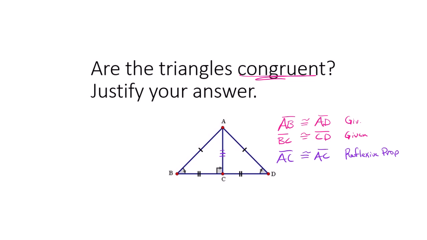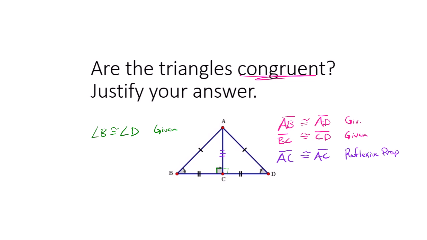So now let's look at the angles. So we know that angle B and angle D are congruent, right? That's given. They have the same number of tick marks. So angle B is congruent to angle D, given. Okay. So now we know that angle BCA is a right angle, right? Which means that angle ACD is a right angle, right?